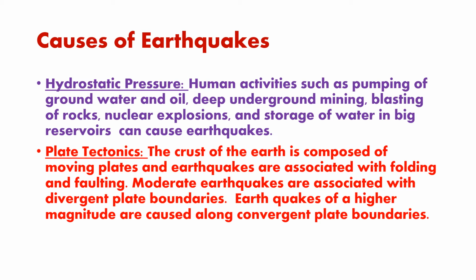Moderate earthquakes are associated with divergent plate boundaries. Divergent means going apart. When the plates go apart, new material comes to the surface of the earth. Earthquakes of a higher magnitude are caused along convergent plate boundaries. Convergent means coming together.